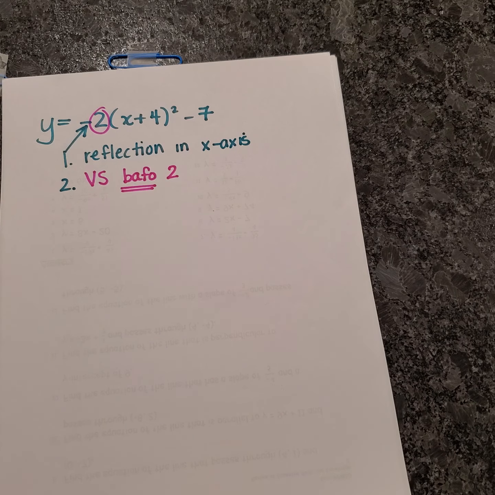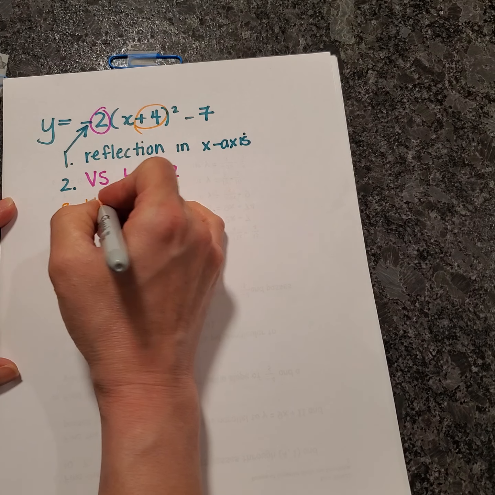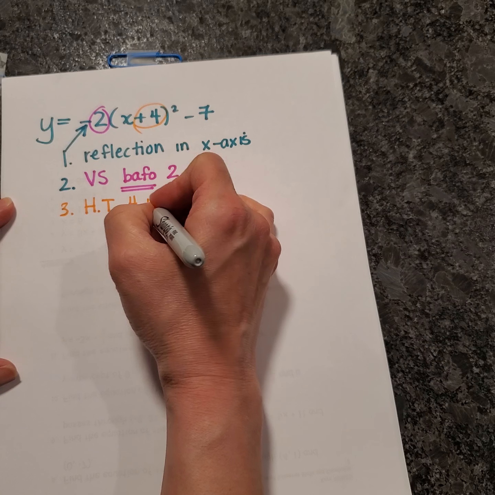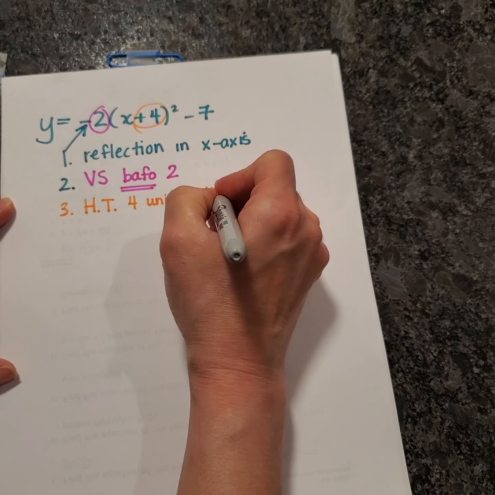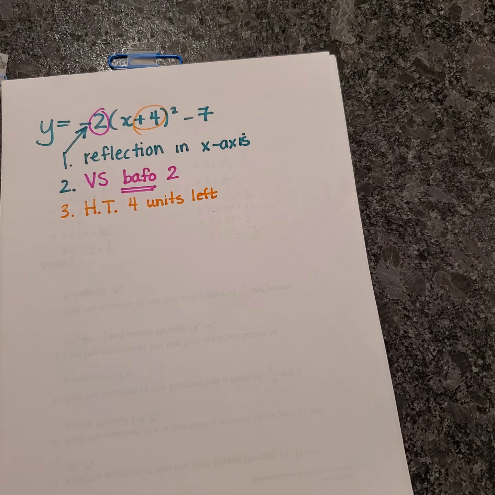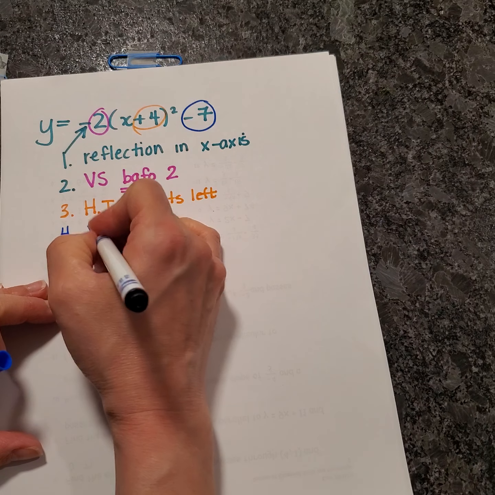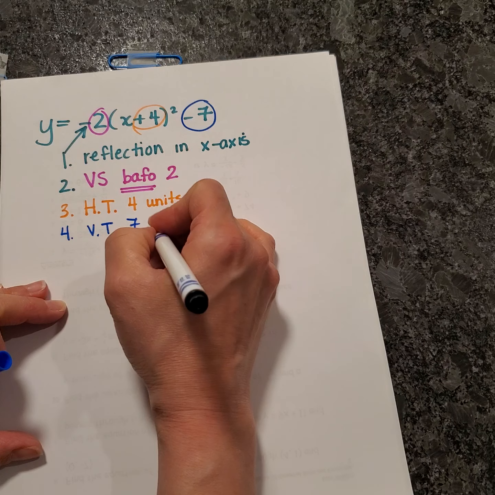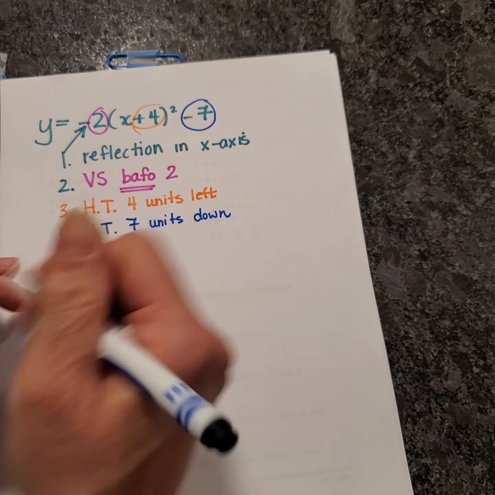Then I would say there has been a horizontal translation 4 units to the left. Remember, when you're in the brackets, you're being lied to. It's the opposite of what you would expect. And finally, I would say that there was a vertical translation 7 units down.